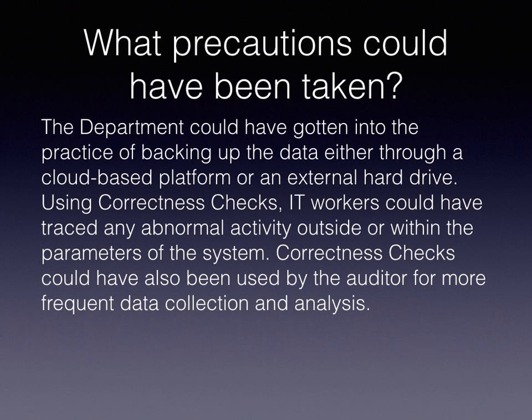So we're going to look at what precautions could have been taken and how the outcome could have gone a lot better if they had taken these precautions before. One of my suggestions was that the department should have gotten into the practice of backing up the data, either through a cloud-based platform or an external hard drive.